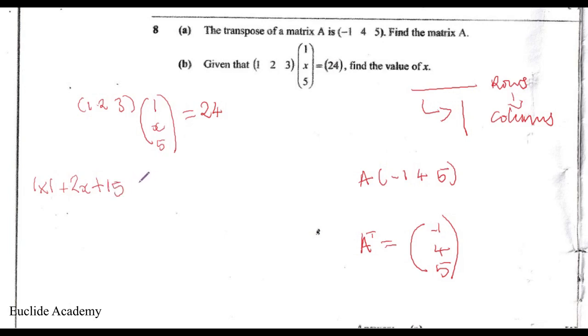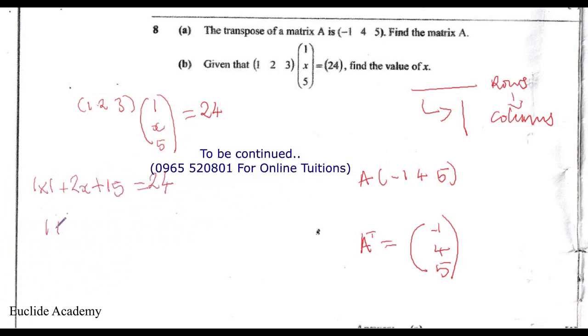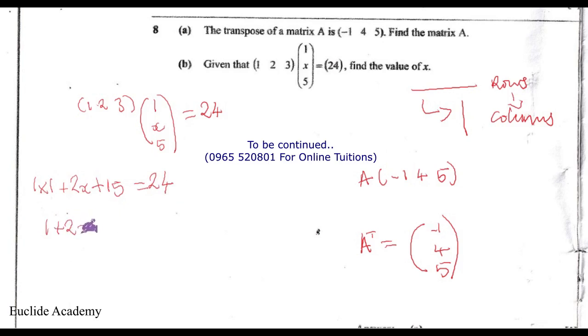And this should give us 24. So we have 1 plus 2x plus 15 equals 24.